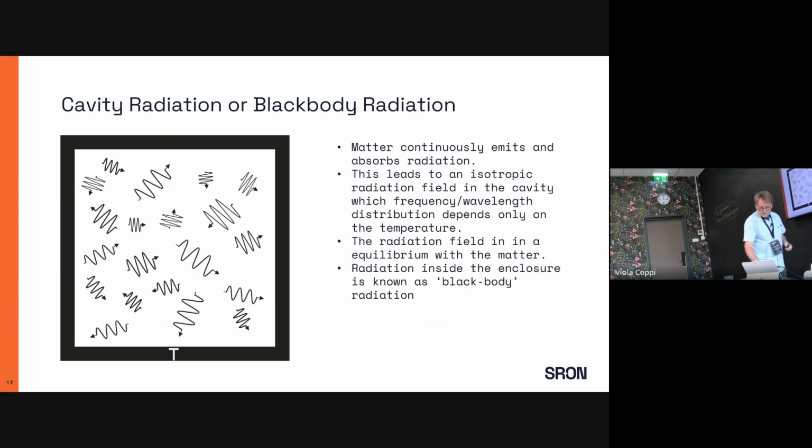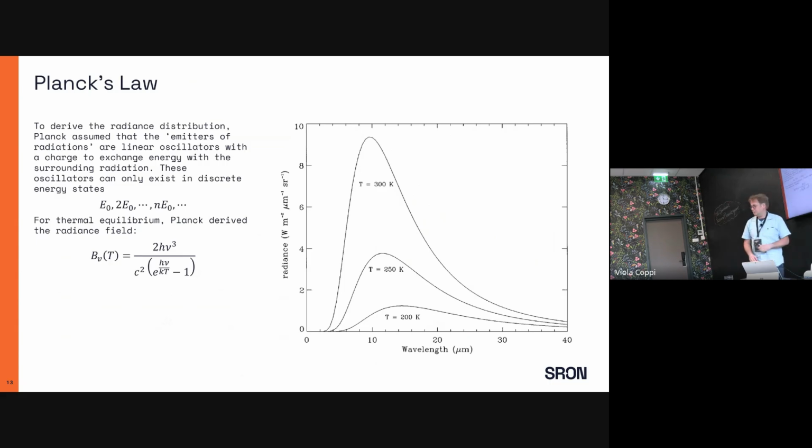And then it was Planck who solved that puzzle. He made some assumptions. At that time people thought about oscillators, charges, and he said, in that matter there are charges, linear oscillators, and they vibrate, and the energy levels they can have are discrete. Normally, if you have an oscillator, it can have any energy, because you just vibrate a bit faster.